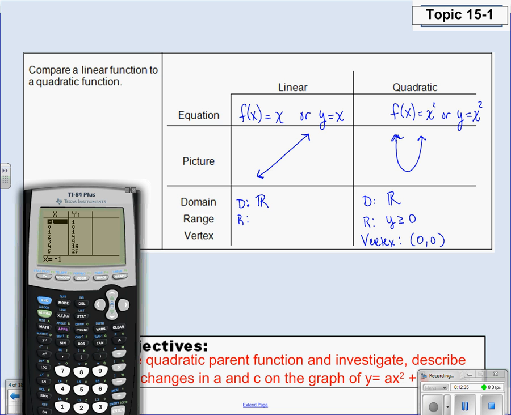So that means our range and our domain are all real numbers. The line continues on forever and ever due to those arrows at the end. The vertex, it does not have one. There is no maximum or minimum point on the line, because any point I find on the line, I can always see, hey, there's arrows, there's going to be a point that's bigger or smaller than that point. So there is no vertex.